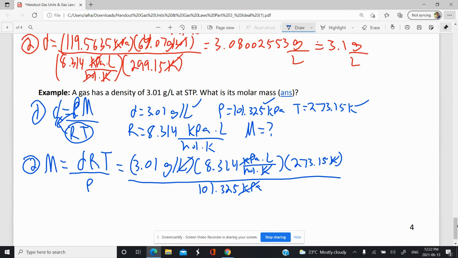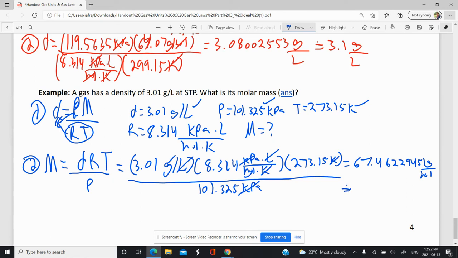We'll cancel out our kPa's just like we did our Kelvin. We'll cancel out our liters, and we're left with grams per mole in the end, which is what we want for a molar mass. So we'll do 3.01 times 8.314 times 273.15 divided by 101.325, and we'll get about 67.4622941 grams per mole.